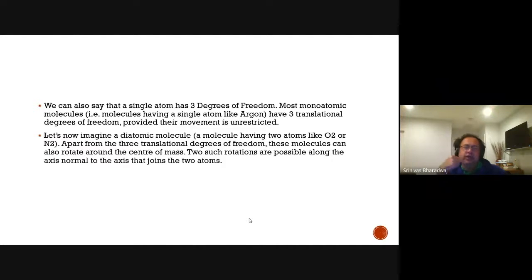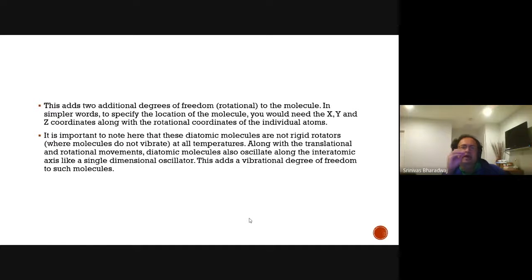So this adds 2 additional degrees of freedom. So in some sense there are 5 degrees of freedom, because you have rotation as well as translational motion.